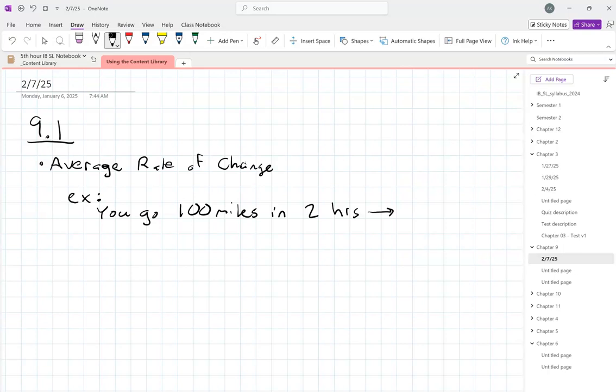So if you go 100 miles in 2 hours, what is your average rate of change? 50 miles per hour, right?